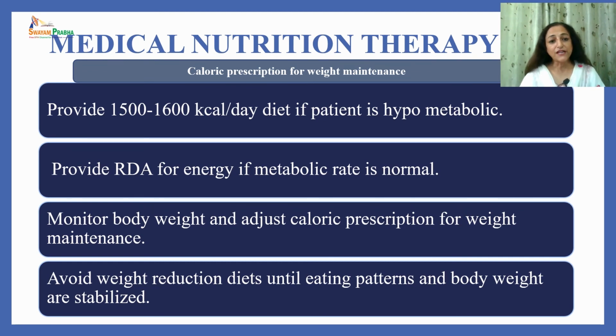So what we can do is provide around 1500 to 1600 kilocalories per day if the patient is hypometabolic. That means his basal metabolism is lower. And the RDA of energy can be fully given when the metabolic rate is normal, that means the person is having a normal kind of metabolism going on inside the body. It is neither more nor less.